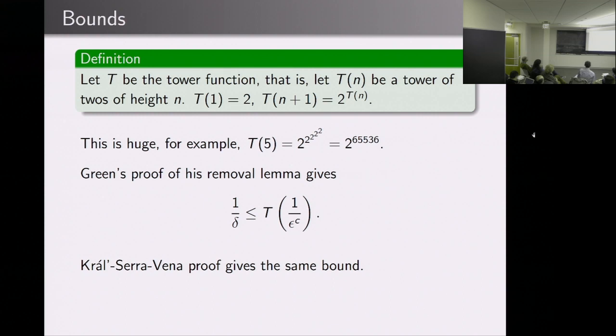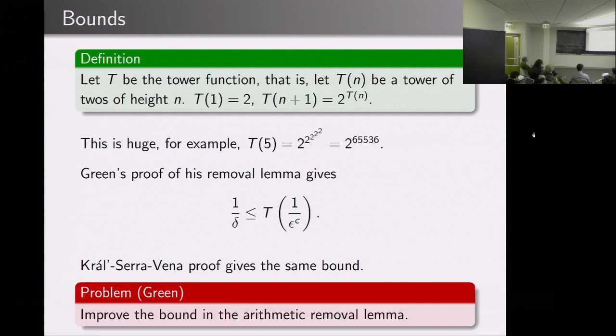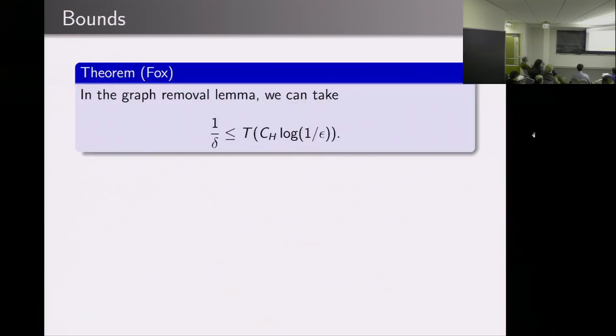And we have similar bounds for the graph removal lemma, which also uses regularity. So using the Kral-Serra-Vena proof, we get the same type of bound. And Green asked, can we improve the bounds on this in the arithmetic setting? Now, after the Kral-Serra-Vena paper, Fox improved the bound on the graph removal lemma.